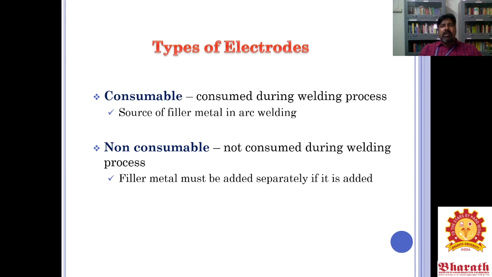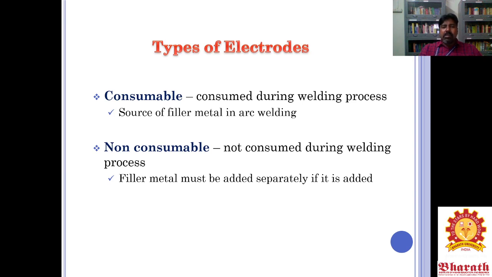These may be made of various metals, depending upon the purpose and the chemical composition of the metals to be welded. Since the electrode melts during the welding process, it should move towards the work to maintain a constant arc length.